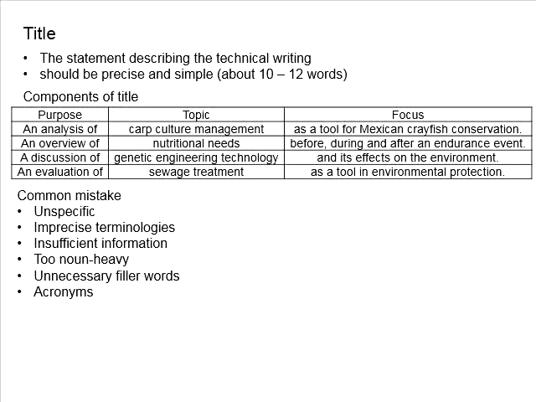Another common mistake is acronyms, which refers to an abbreviation formed from the initial letters of each word and pronounced as a word, such as NASA. You know that there are many acronyms in the industry.